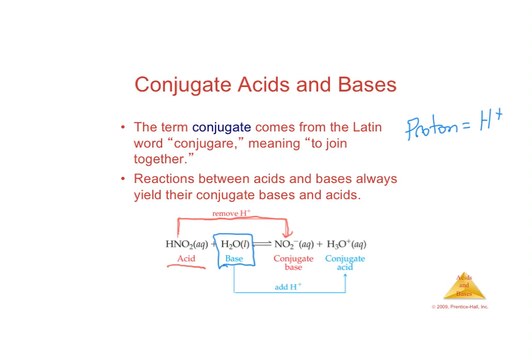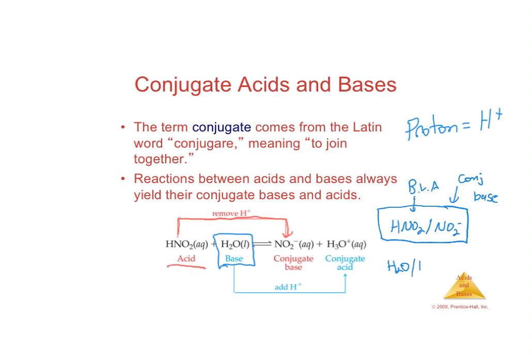So what we have now are two conjugate pairs. We have our original Bronsted-Lowry acid, HNO2. It donates its proton and forms a conjugate base, nitrite, NO2 minus. That is one conjugate pair. We have a Bronsted-Lowry acid, and we have its conjugate base. We also have our original Bronsted-Lowry base, water.